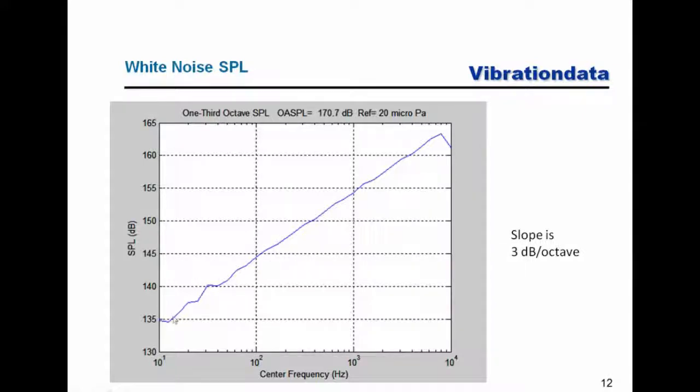And the net result of all that is for white noise, the sound pressure level increases by 3 dB per octave. And an easy way to think of the 3 dB octave increase is that if we go up a decade in decibels, so in other words, if we go up plus 10 dB and our frequency is also increasing by 1 decade, then that corresponding slope is 3 dB per octave.